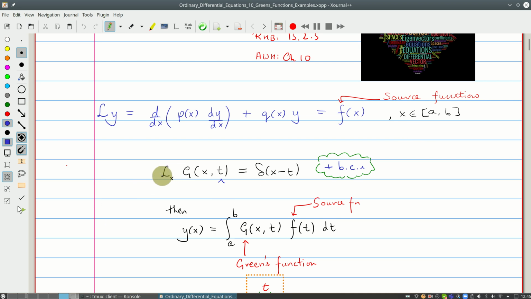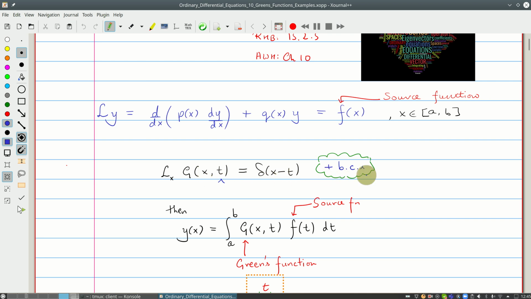Now the way we solve this is using the method of Green's functions, which says we find g of x and t such that L of x operates on g to give us the Dirac delta function, delta of x minus t. The x indicates that the operator operates on the x coordinate only.